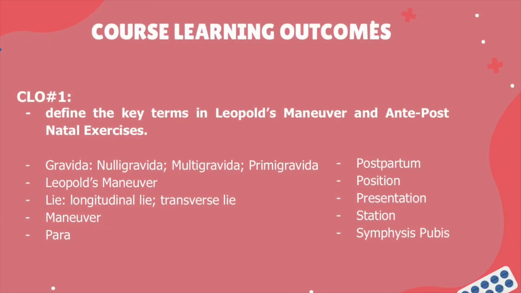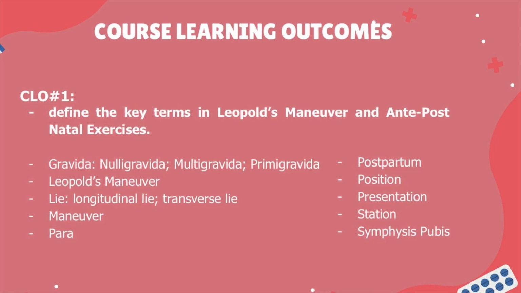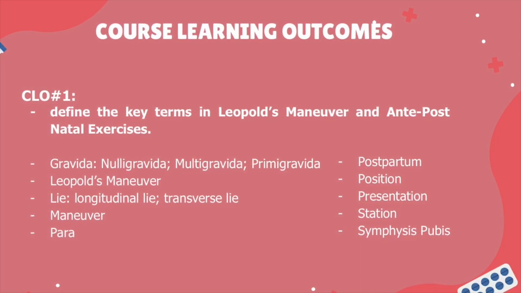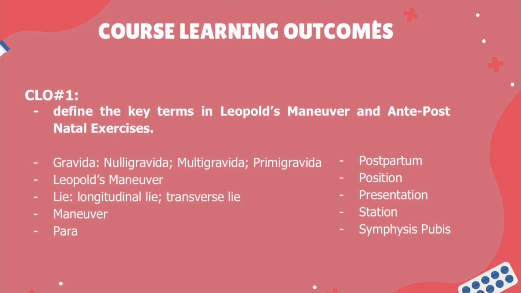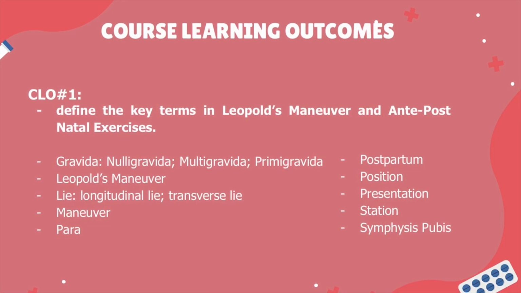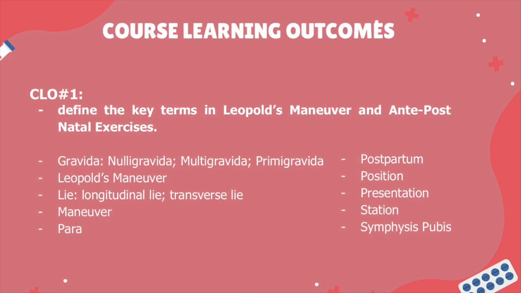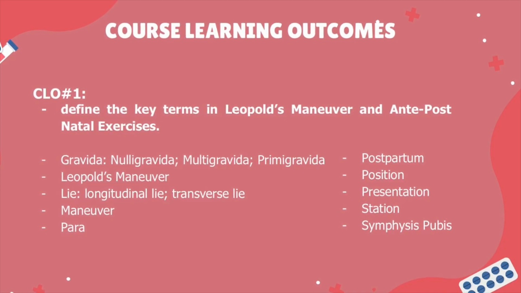Next are the gravida. Under it are the nulligravida, multigravida, and the primigravida. The Leopold's maneuver, lie, which includes longitudinal lie and the transverse lie. Maneuver, para, postpartum, position, presentation, station, and symphysis pubis.